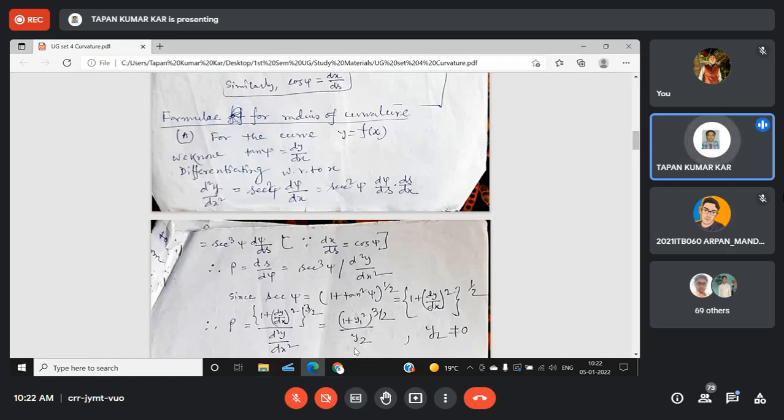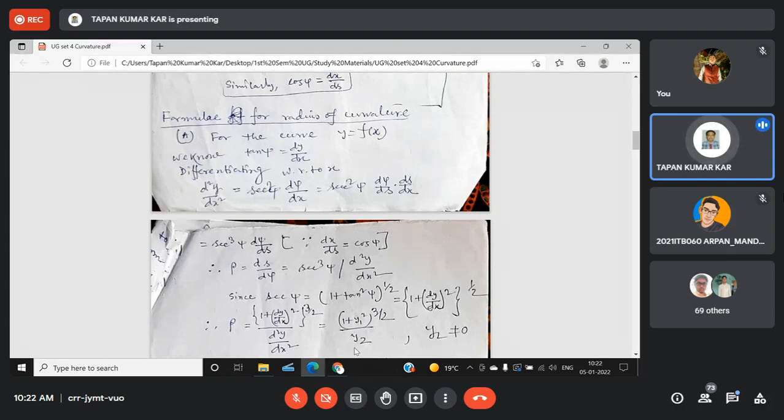One more thing you must remember: radius of curvature is a length. Radius of curvature is a length. So even if it is found as a negative value, you will consider it as a positive value. Suppose using your formula you have found rho equal to -2.